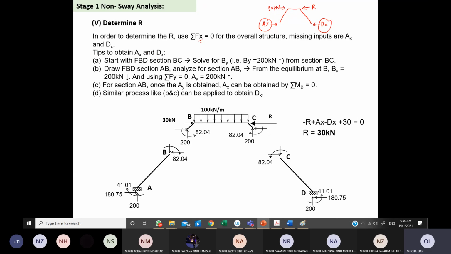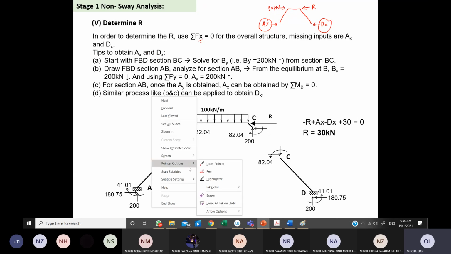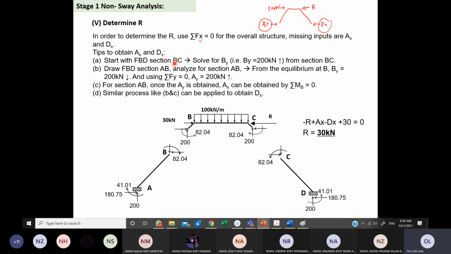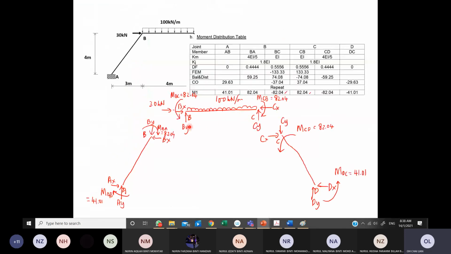So we are going to start with the section BC. In order to solve for this BC, we need to solve for the BY. If you can see that, the previous one we have plot. BC, BY is unknown, CY is unknown.